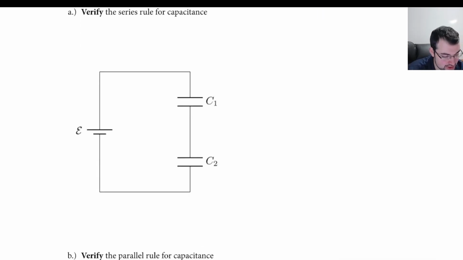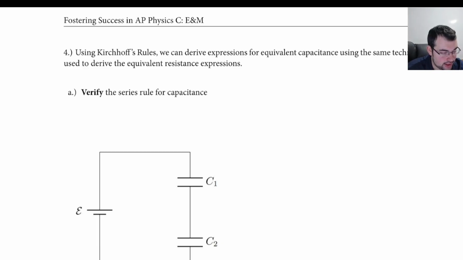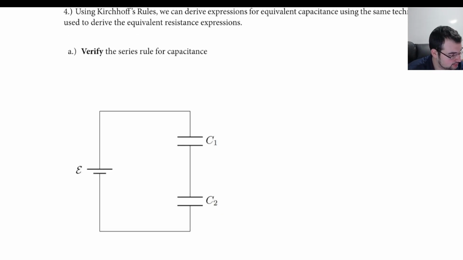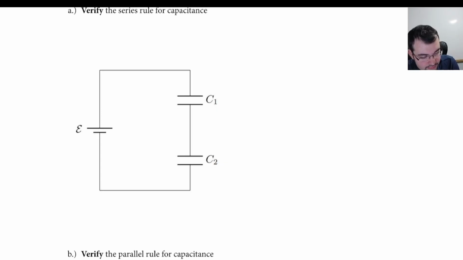Let's verify our series and parallel rules. So this uses Kirchhoff's rules. So we have to remember what those are. So remember that we can model our potential as color.